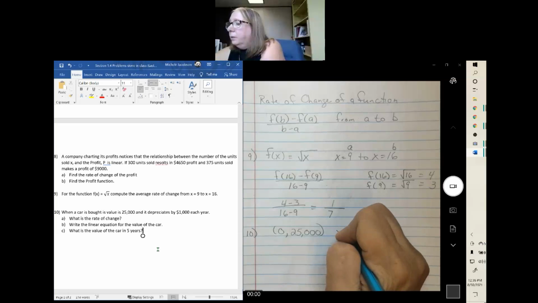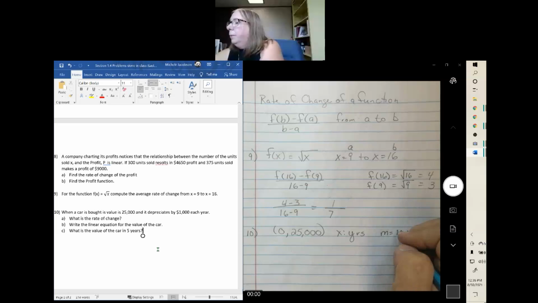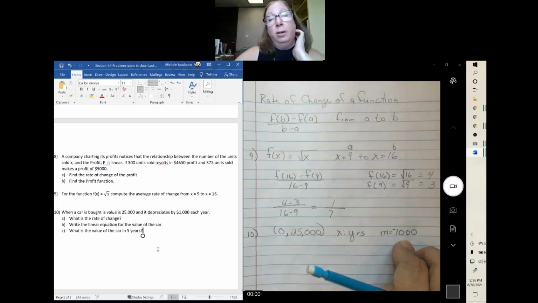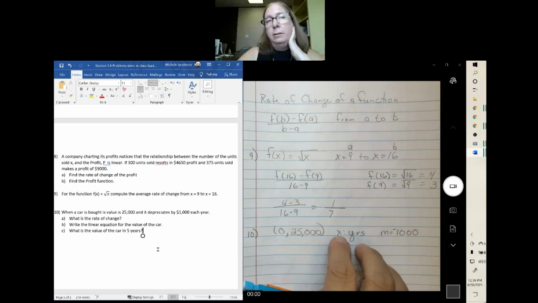So if x is years, my slope is 1,000, and it would be negative because it's dropping. So each year, my car depreciates by 1,000. So it's negative because it's depreciating, and it's each year, so that's what x is.